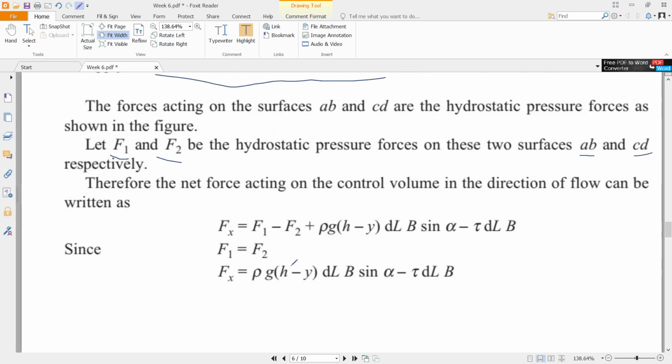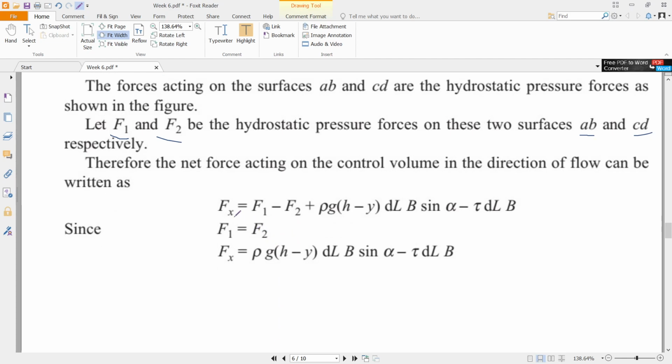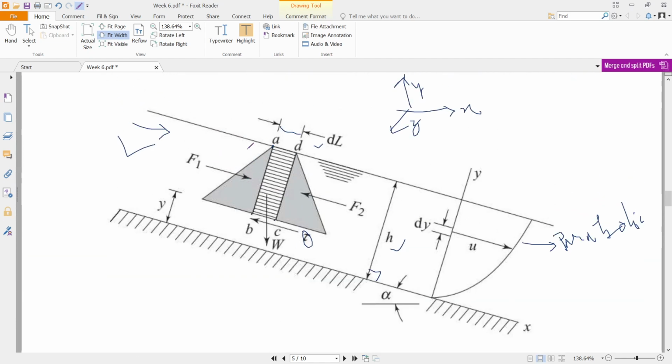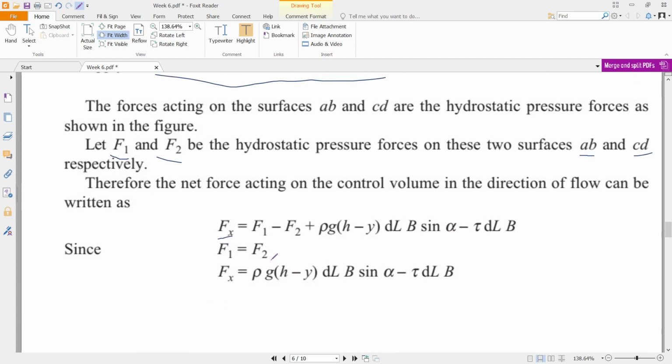Now, if you apply the law of conservation of linear momentum, which is coming from Newton's second law of motion, then what is Fx? That is the force acting along x direction. If you consider that the positive x-axis is the direction of positive forces, okay, then it will be F1 minus F2. Okay, F1 minus F2.